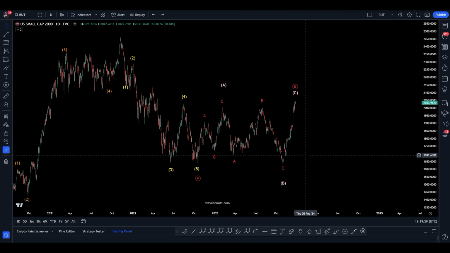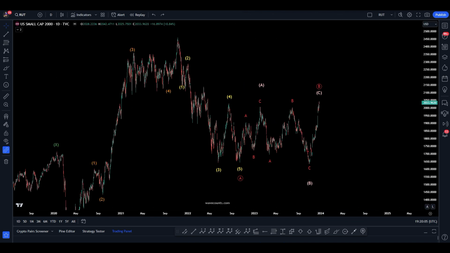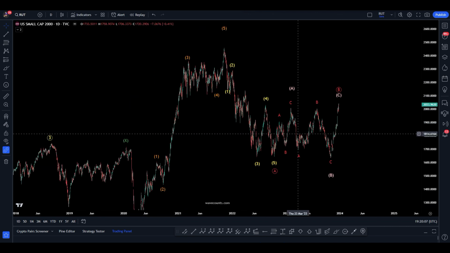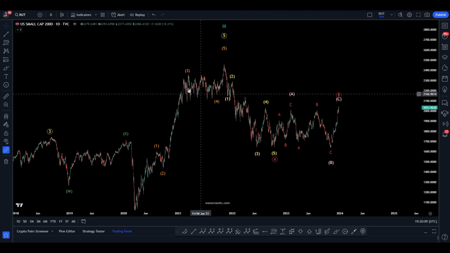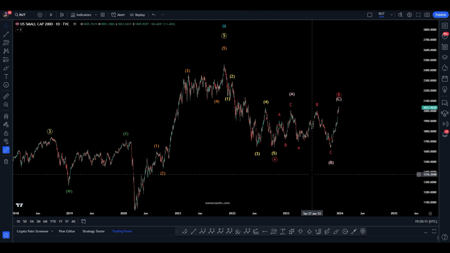So regardless, that's the Russell 2000. That is the market in totality. We covered Bitcoin. It's an overview for the crypto market as a whole, right? Because Solana isn't going to take off to the moon while Bitcoin drives to the depths of hell. It's not going to happen.